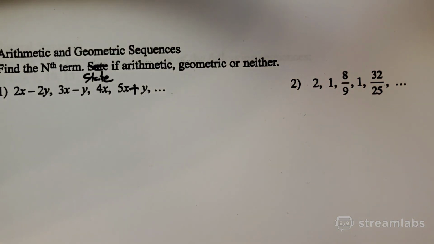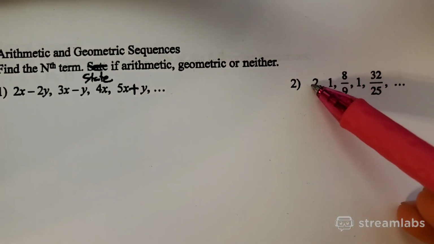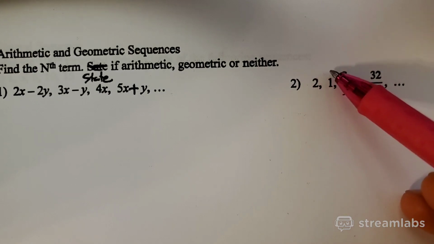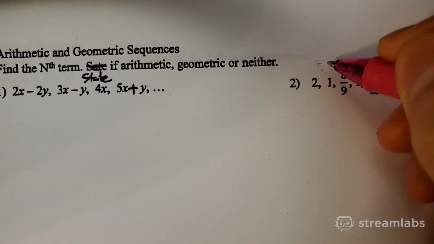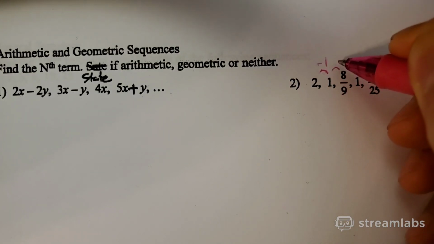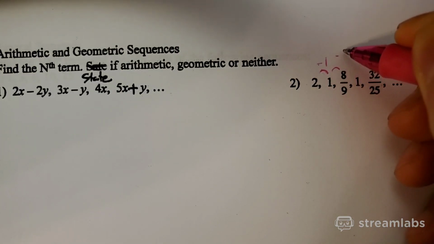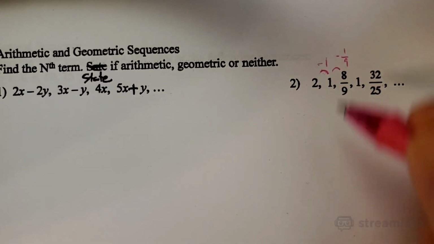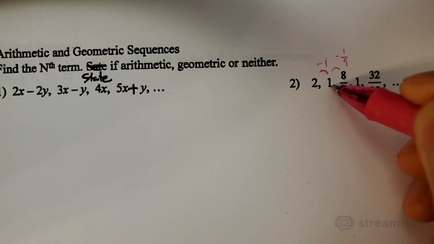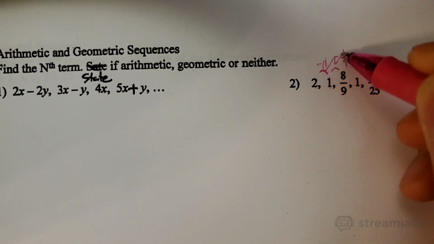How could we check? If it's arithmetic, then you have to add the same number, right? Here it's -1, and then here it's not -1, it's like -1/9 or something. So it's not arithmetic. And it's not geometric either, because this to this is half, this to this is not half, right? Okay, so it's neither.